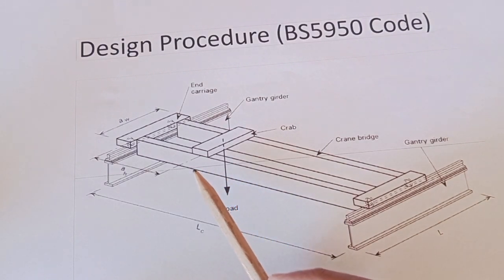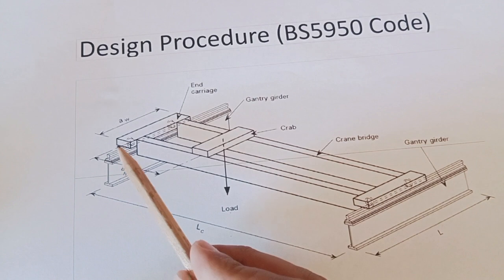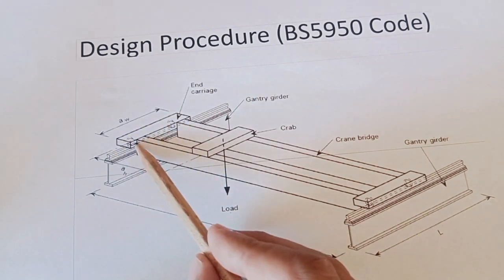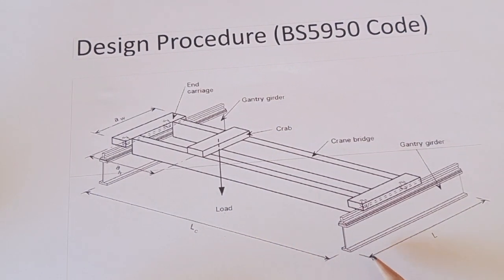And we have different lengths between these girders: LC here, AW, which is the length of the end carriage or the wheel center, and also L for the supports of the crane girder. It should be the corbels, that is, the supports on the column, and remember it is simply supported on those points.